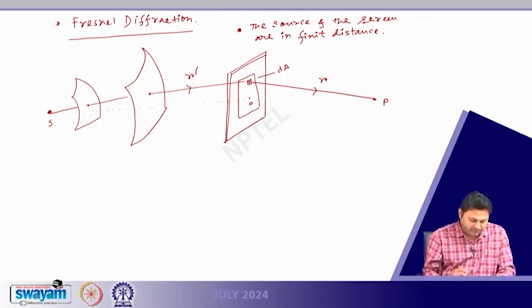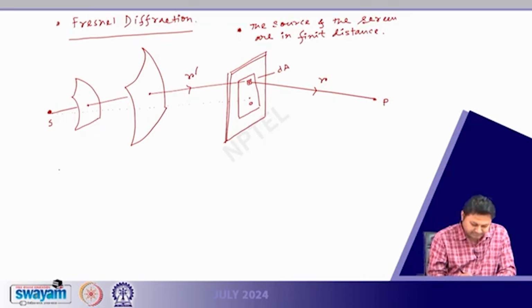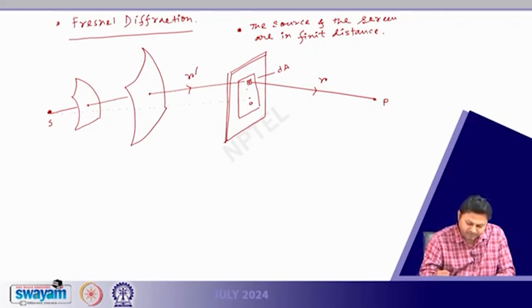Okay. So, the electric field at point O in the aperture. Let me write this point. This O is the origin, and this is another point, say O prime.